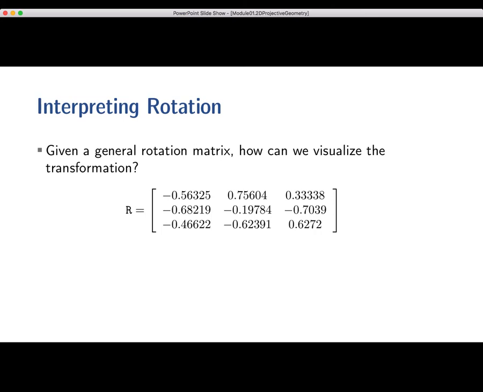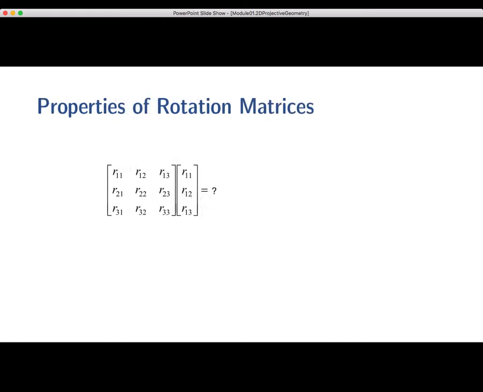All right. So one very useful picture that I find very handy to work with is the following. It's built from this observation. What if I apply a rotation matrix to a vector which is really the first row of the rotation matrix itself? What is R11, R12, R13? This is really the first row here.